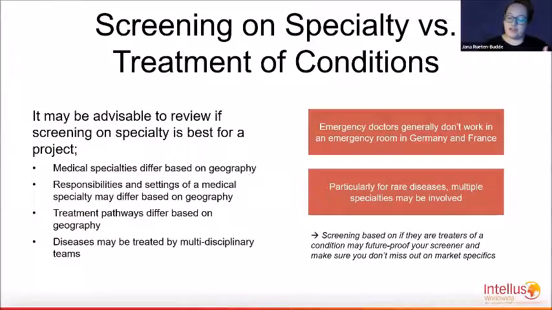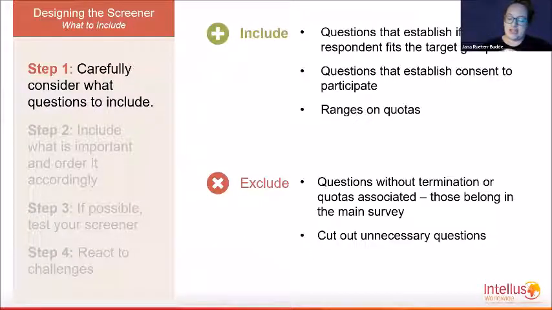Now, on the flip side, what should not be included in your screener? You should exclude any information-only questions that just serve a data collection purpose. Demographic questions, that's something that can most of the time be placed into the main survey. Or this is also a great point in time to cut out any questions that at the end of the day are not going to be necessary for your analysis.